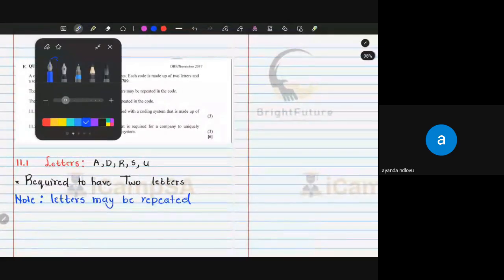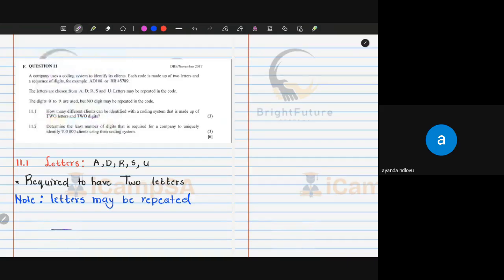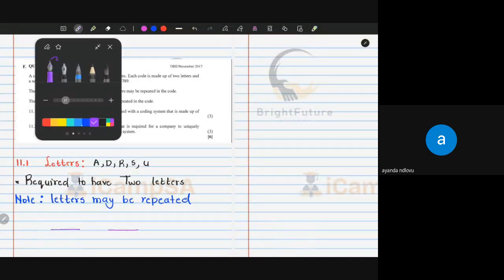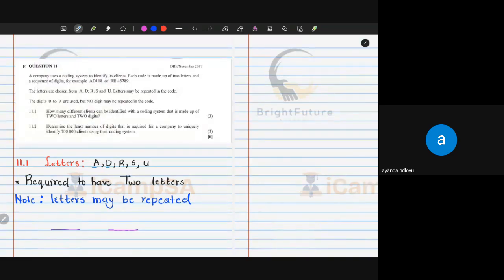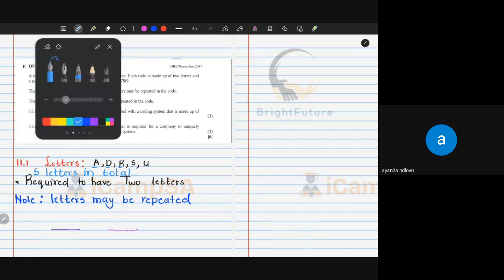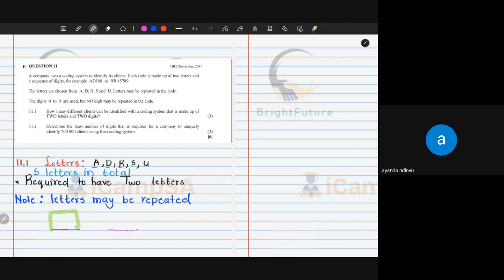So since we're dealing with 2 letters, guys, we are just going to have 1 and 2 because we are trying to look from the letters, how many combinations can we have? And if you observe carefully, the total number of letters that we have is 1, 2, 3, 4, 5. We have 5 letters in total. So this means, guys, the first position we are going to choose from how many letters?